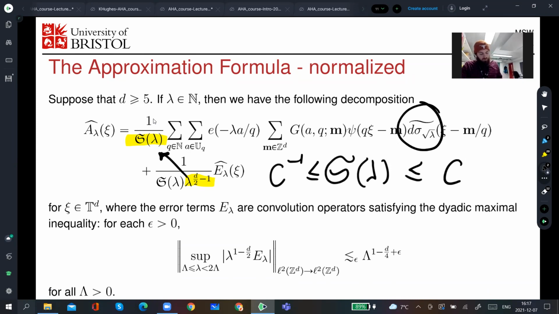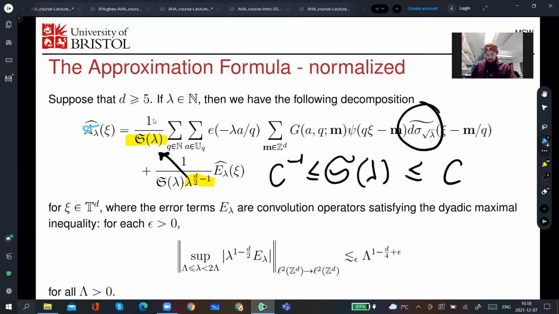Now this approximation formula is for each of the averages. So I've written this A hat here, which is a sort of standard notation for averages, or for whenever you have a convolution operator, to write its Fourier multiplier. I should have really written this as a sigma of lambda. Right, so that's the spherical measure.